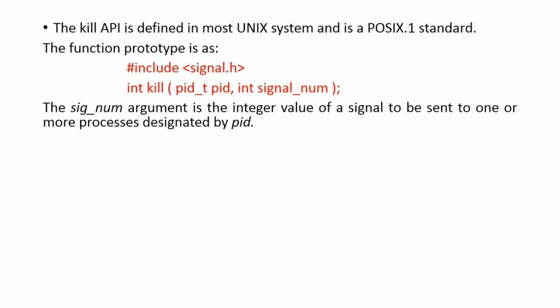The signal num argument is the integer value of the signal to be sent to one or more processes designated by PID. In a Unix system there is more than one signal available, and all the signals have a particular integer value. So in the signal number argument you need to assign the integer value of a signal.